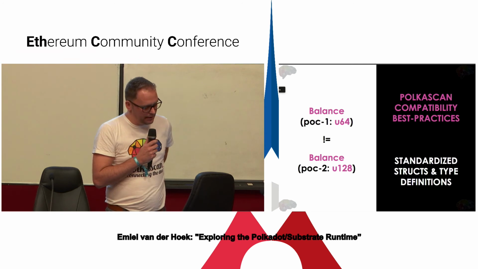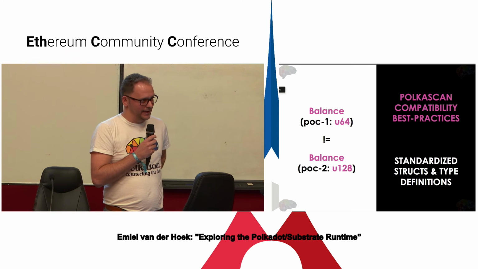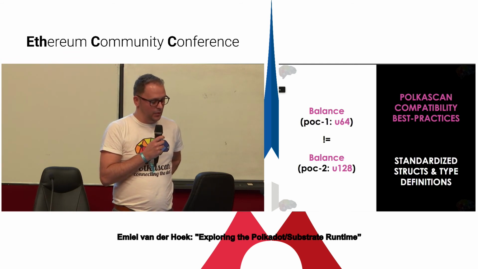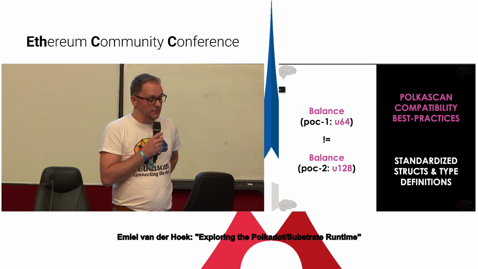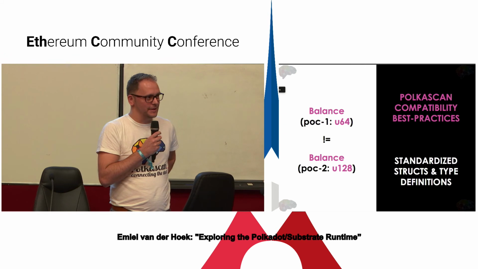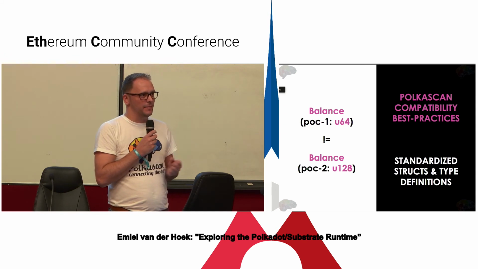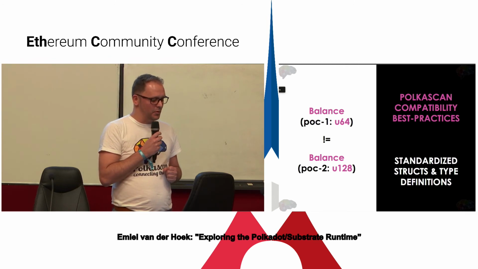You should be careful when you introduce new structs or type definitions. One of the things we learned in building our first proofs of concept is that what the balance type actually means can change with runtime upgrades, and this is problematic.